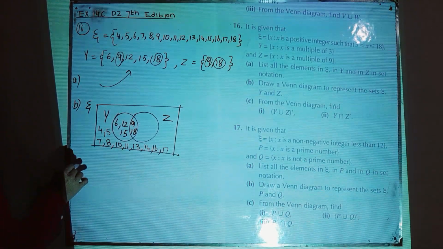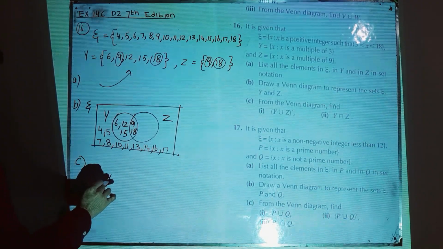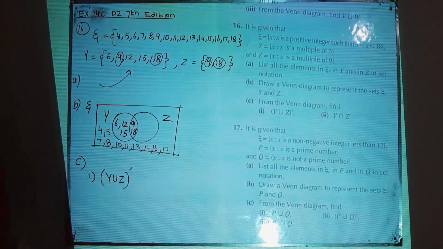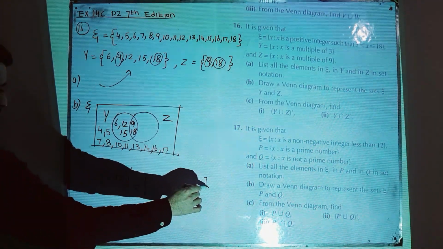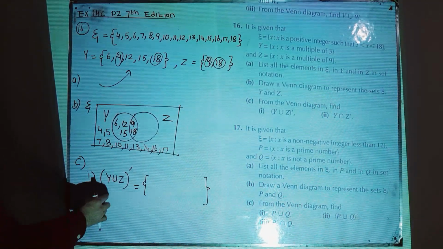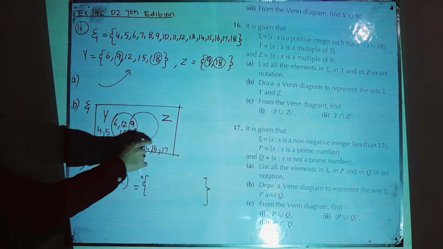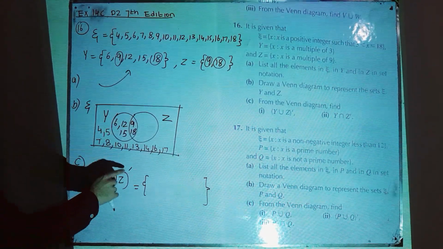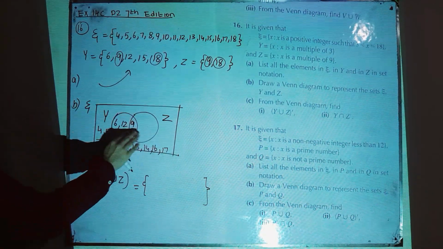Part C is, from the Venn diagram you need to find Y union Z complement. Now Y union Z complement means the elements which are outside Y union Z, and Y union Z includes both the circles. Both circles are part of Y union Z, and Y union Z complement means the region outside the circles.